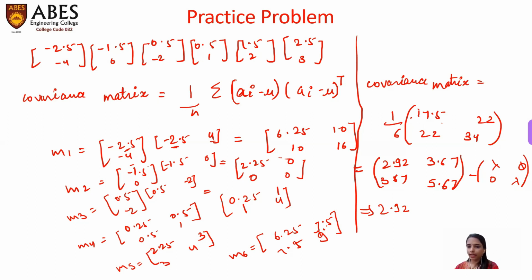So 2.92 minus lambda, 3.67, 3.67, and 5.67 minus lambda, equals 0.